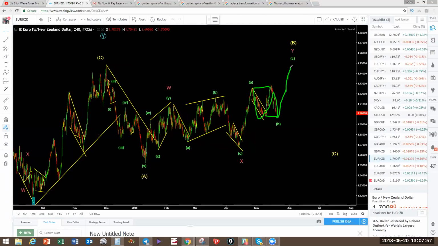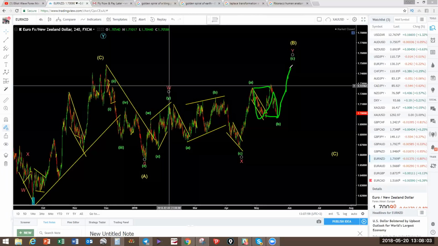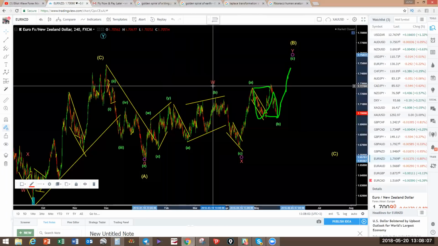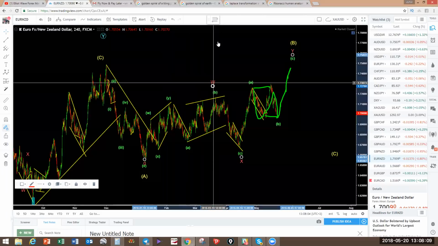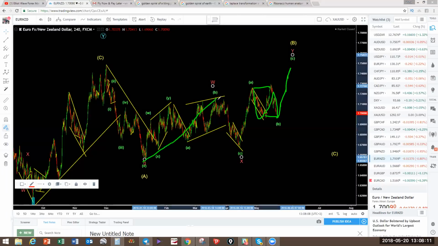So what do I mean by there's two ways to look at this? Either way, it is not going to change the bias, because what I'm seeing here is also that this W could actually be here. And if W is there, it means this is simply a three-wave move like that, and we'll expect it to complete there. And that's why we've got a correction there.